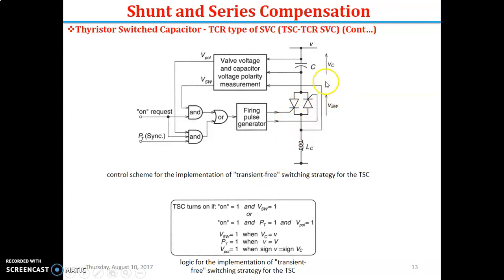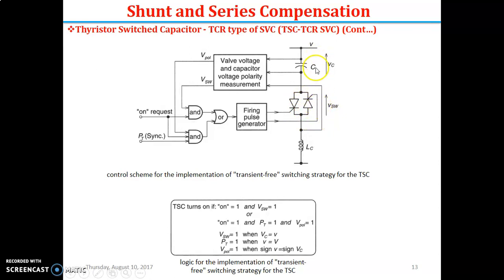Or in the second condition we may get Vc greater than the peak supply voltage. So when the residual voltage across the capacitor is greater than the supply voltage, then we should ensure that the voltage across this switch is minimum.